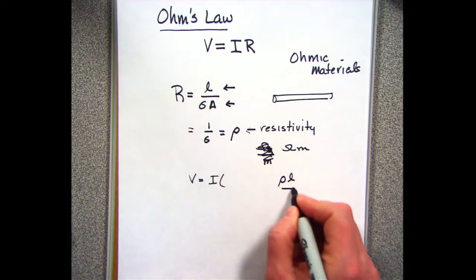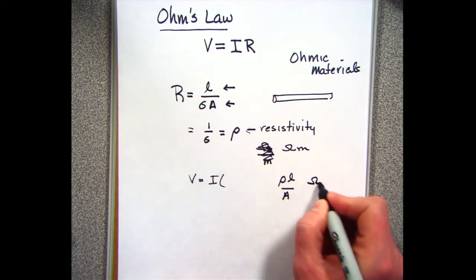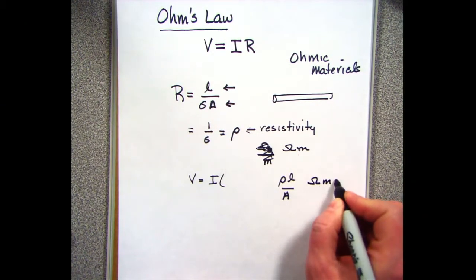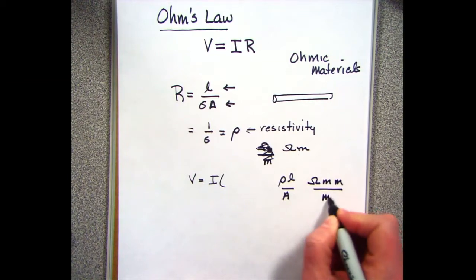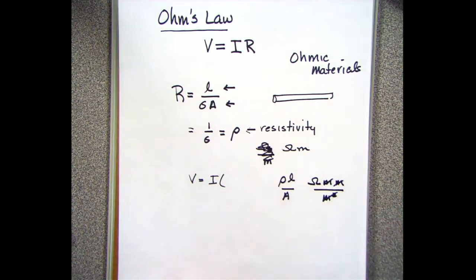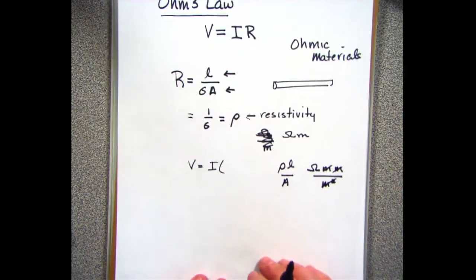And area for a wire, just so you can look at it from a different perspective, is going to be pi r squared, where r is the radius of the wire.